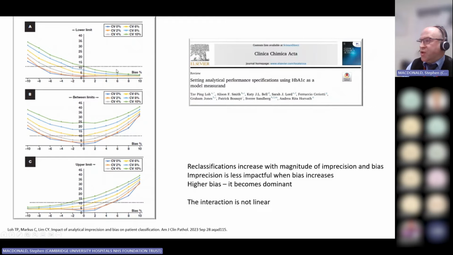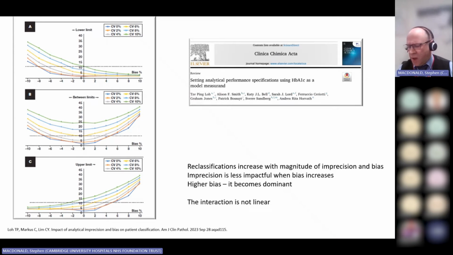What's interesting is the convergence of the misclassification rate and the divergence based on what the magnitude of the bias is. Now, by setting an acceptable misclassification rate of 10%, they've said that we can now determine what CV and what bias we can accept within our assays to minimize that misclassification rate below the level that we're looking for.